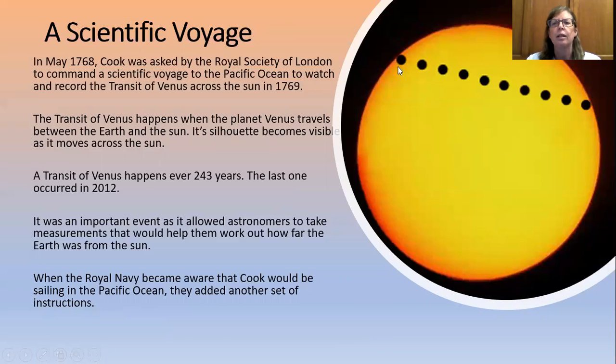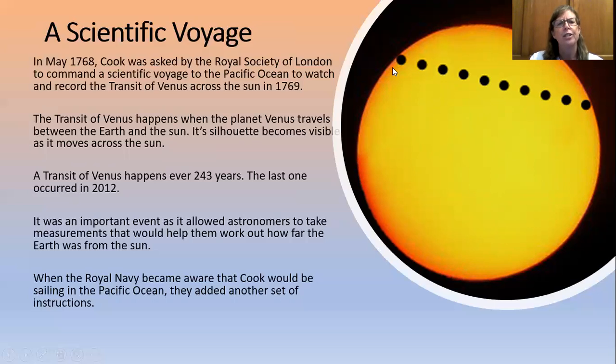So this is the Sun here, the big yellow ball, and this is the plotting of the planet Venus as it passes in between the Earth and the Sun. It doesn't look like that. At any one time, it only has one dot, but this is giving you the idea of how it would transit to move across the Sun. And as it moves across, its silhouette becomes visible just as a black spot.